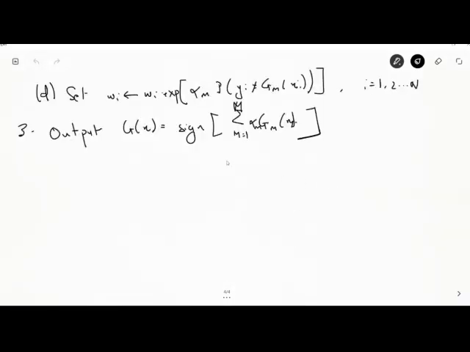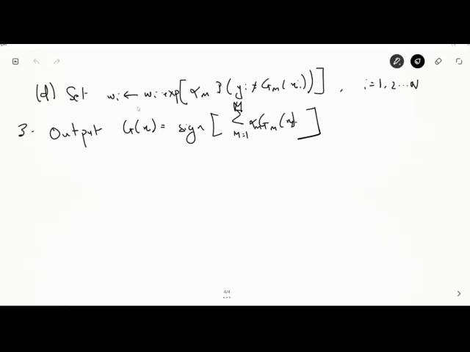Now you set wi to be wi times exponential of alpha m times the indicator that yi is not equal to GM(xi). This seems like a very complicated expression, but it actually isn't. It is just a fancy way of saying that whenever we are making a mistake, we are increasing the weights by exponential of alpha m, and we are storing it again in the place of wi.